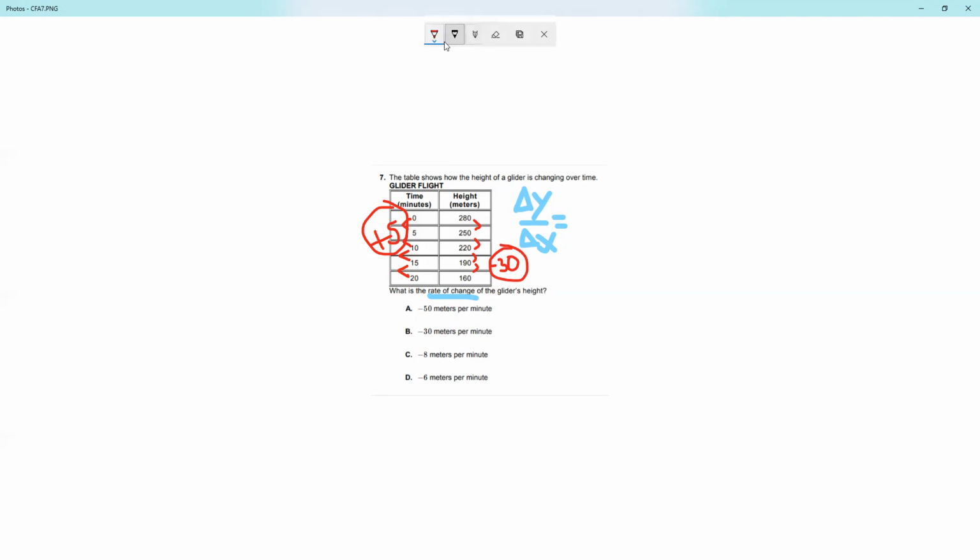So this side is my change in Y. And this side is the change in X. So basically, if I was putting those in there, I have negative 30 over positive 5. And so this is just a division problem. So again, I'll let you work through it and see what you think.